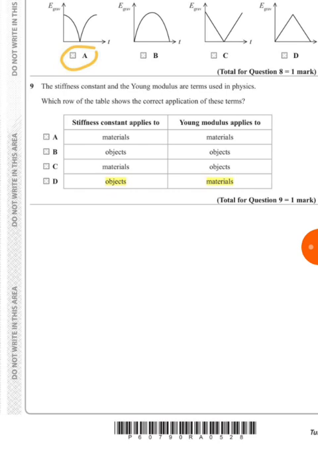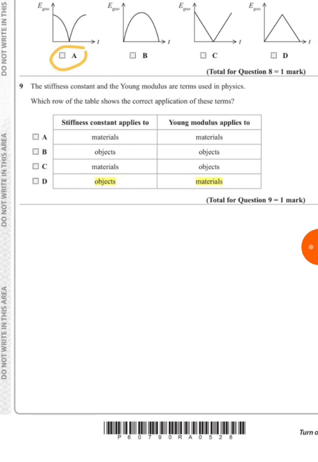Question number 9. The stiffness constant and the Young modulus are terms used in physics. Which row of the table shows the correct application for these terms? So the answer is D, because stiffness constant applies to objects and Young modulus applies to materials. Stiffness is about how we can stretch the object.